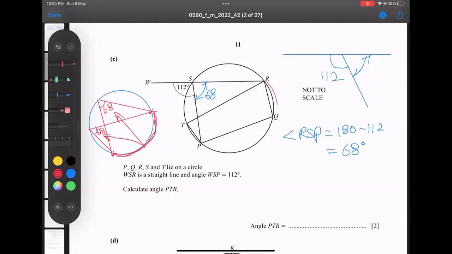Similarly, this arc length, so this angle and this angle are the same. So 68 and 68. I can say it this way as well. So how to write the answer: angle BTR is 68 as well, because angles in the same segment.